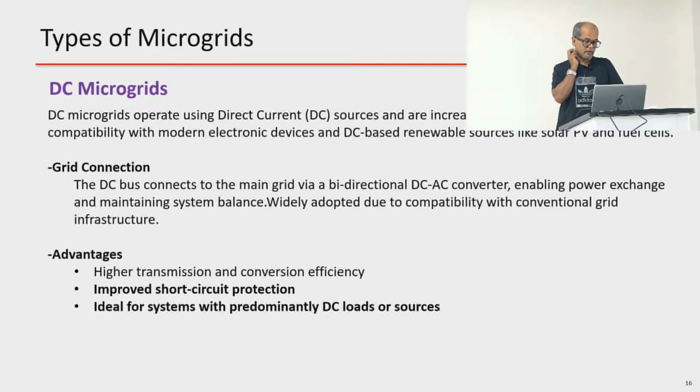But the problem is that for DC we still don't have protection and other things as mature as AC. So for those of you working on DC microgrids, protection is one of the areas where you still need further research, because the technology is not mature yet.